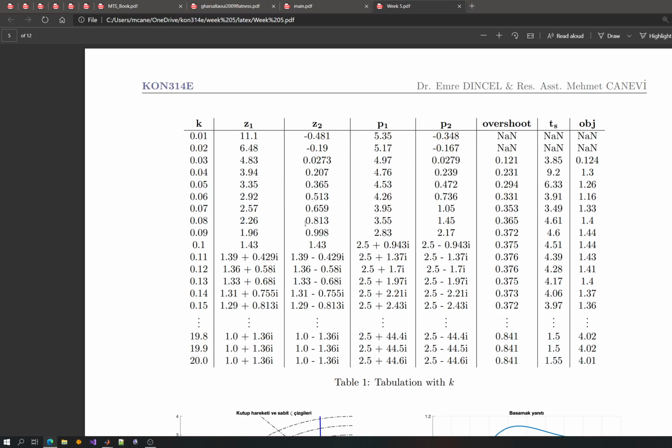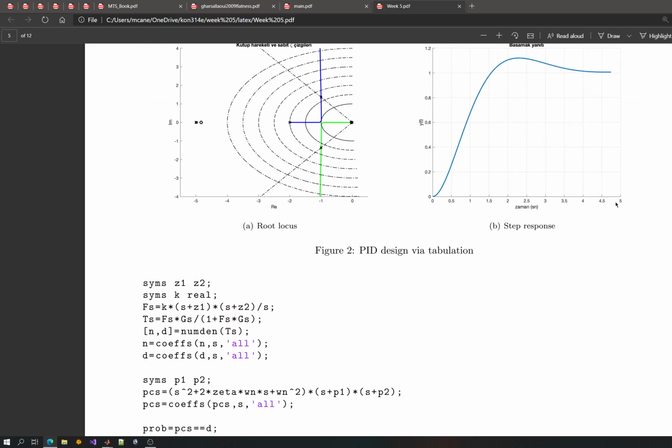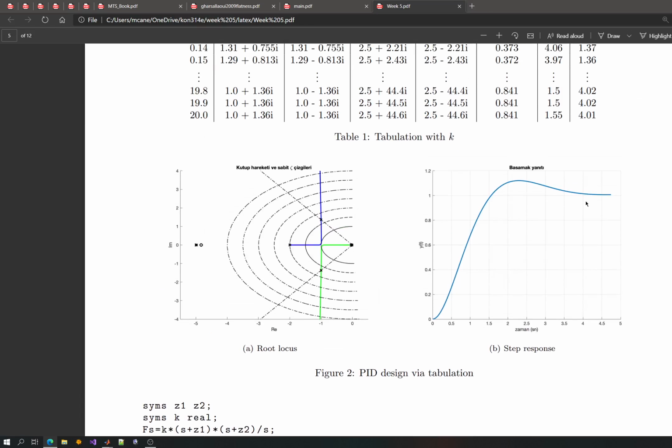Do not think that this is unstable. These should be positive, since S plus Z1 is equal to 0, so S equals minus Z1, so the negative versions of these are the real solutions. Then you have overshoot, the objective, that's going to be called error objective, whatever you want.